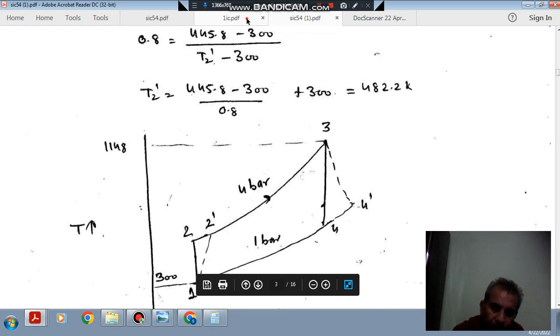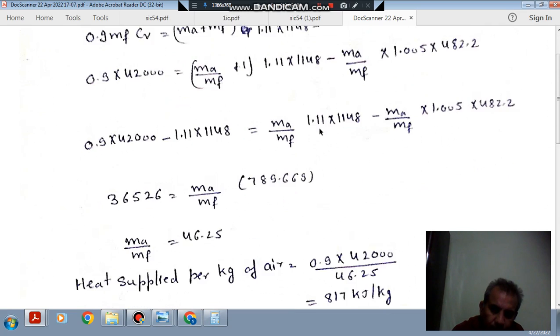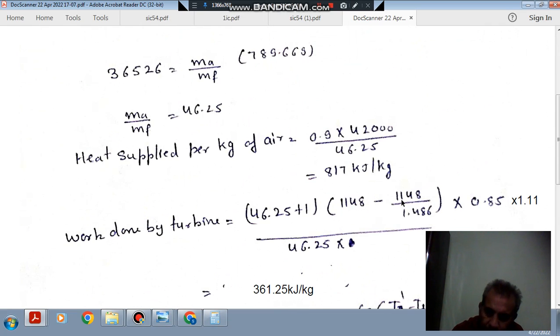So we divide by the ratio of T2 by T1 and get the value of T4. Now if we multiply by the turbine efficiency, we get T4 dash.